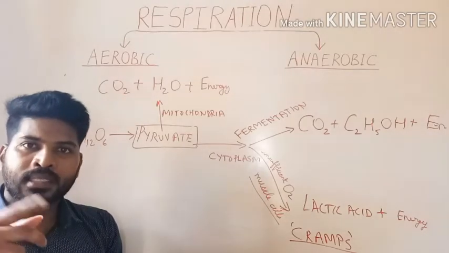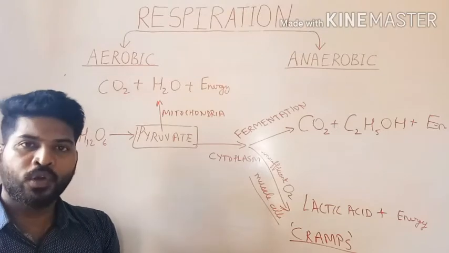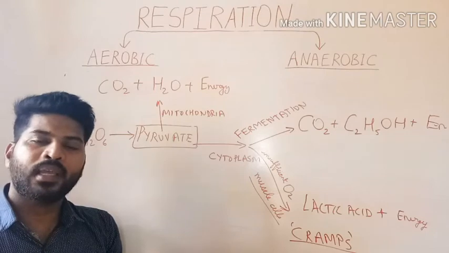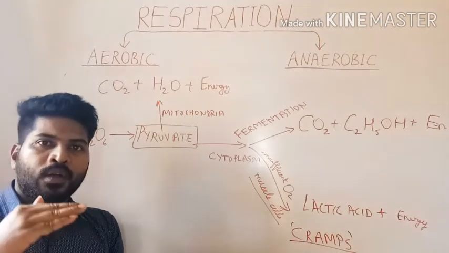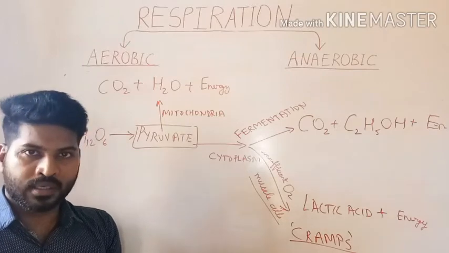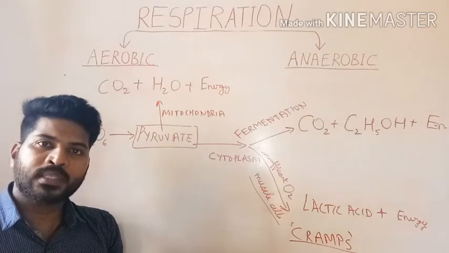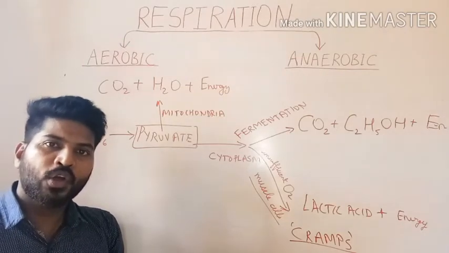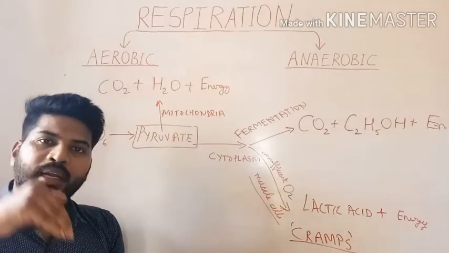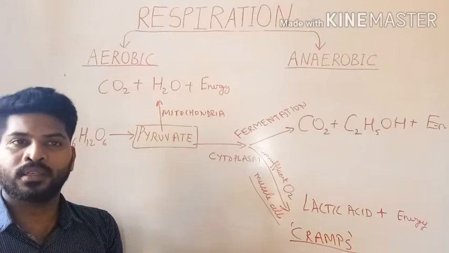The entire cell is in contact with the environment, and only diffusion is enough to supply oxygen. Oxygen in the outside environment is in higher concentration, inside the cell oxygen is present in lower concentration. So oxygen will simply diffuse from higher concentration into the cell where concentration is less.